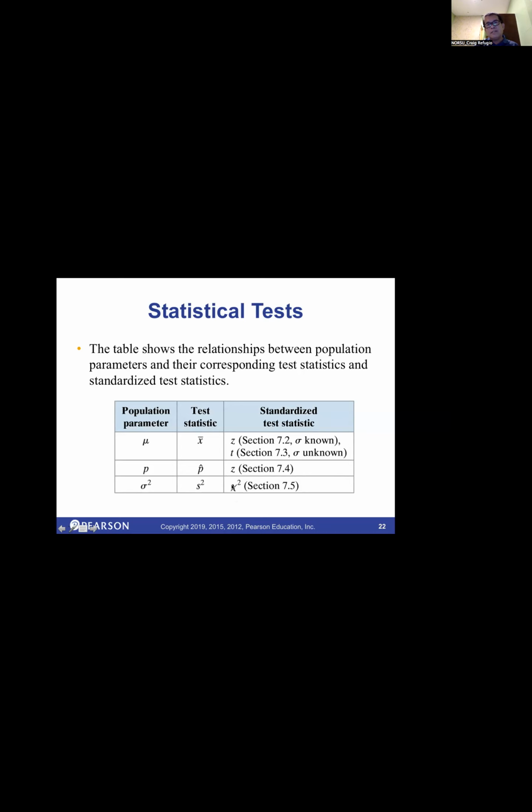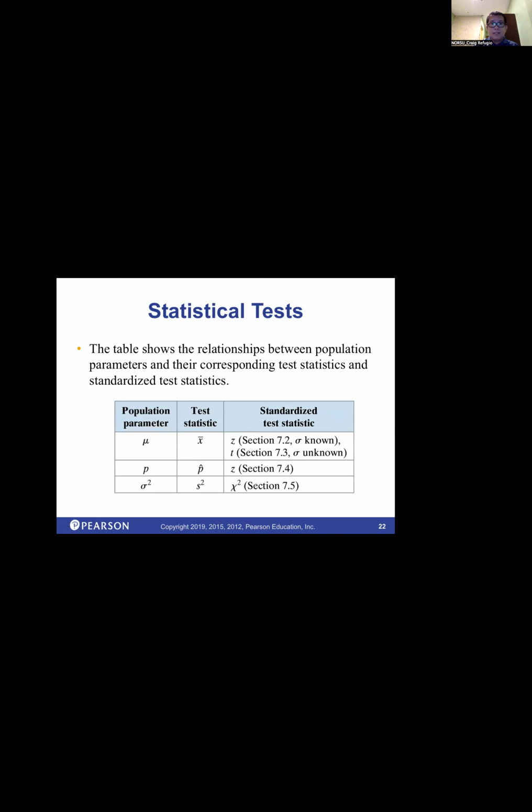Take note that there is a variation between the Greek letter chi and the English letter X. And this is pronounced as chi square.